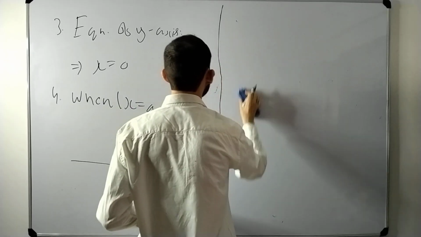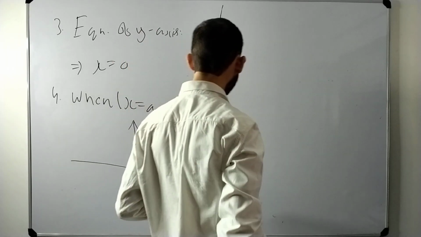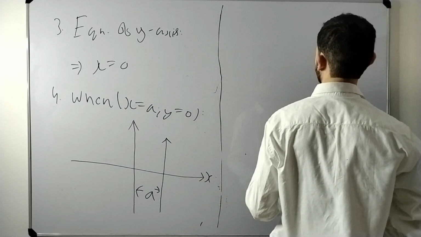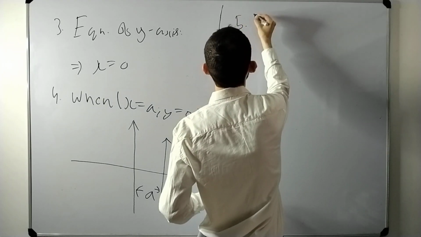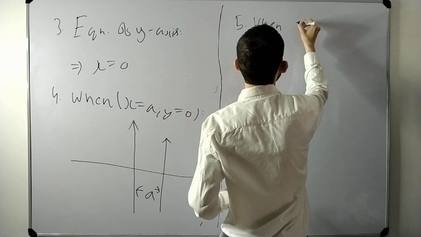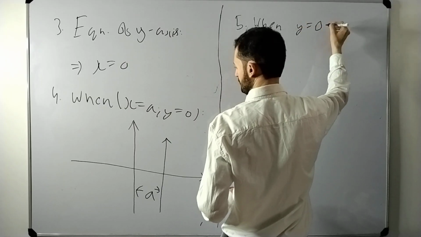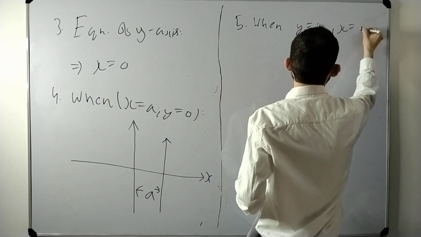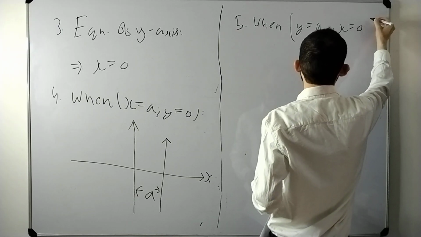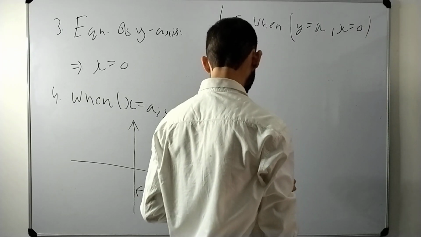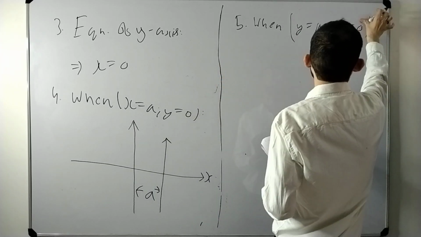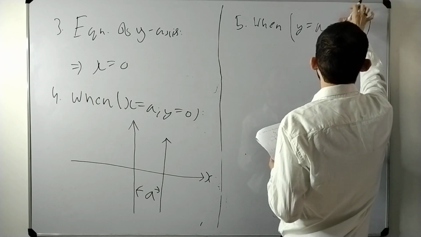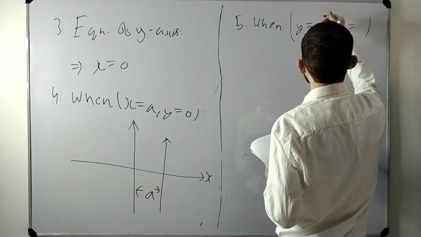Suppose y now happens to be a and x happens to be 0, then what will you do? Fifth, when y happens to be a and x happens to be 0. Yes, sir, maybe you should not take it as a, you should take it as b.